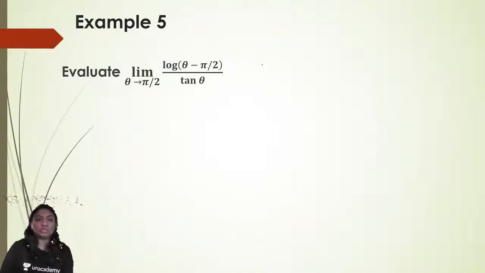Log 0 is infinity, and tan 90 is again infinity here. So here is the infinity upon infinity form.